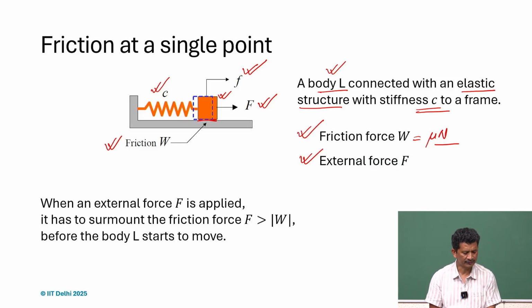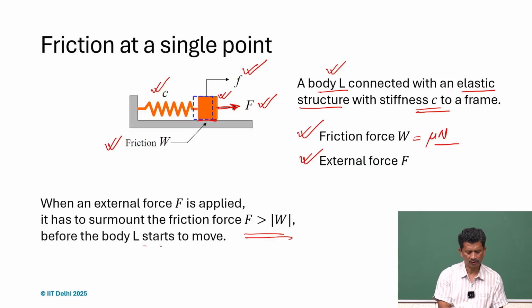What we realize is that if we apply this force F in this direction, and the body has to move, what is important is that this external force, unless it's greater than the friction force, the body will not move.